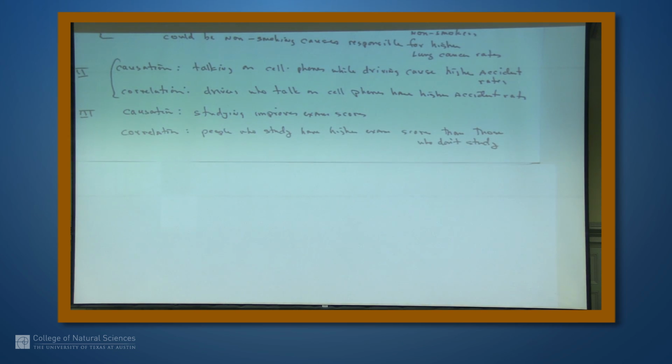Now, I've purposely given you 3 examples here in which it seems obvious that the relationship is causal, but we're going to go into a lot that aren't.